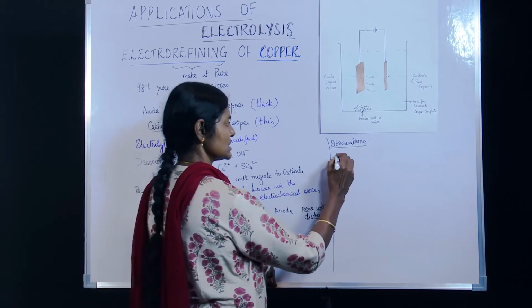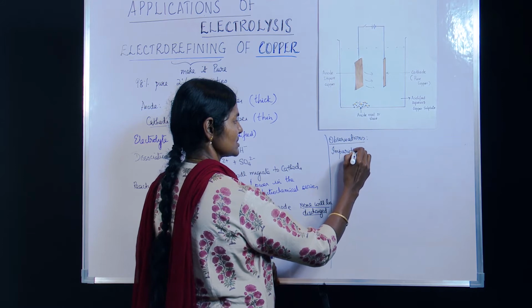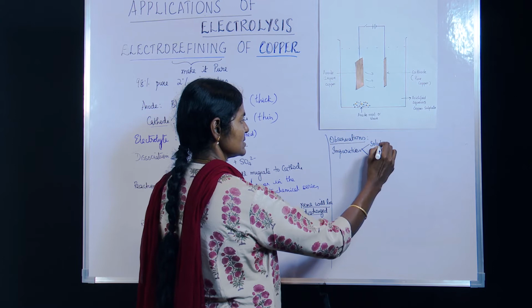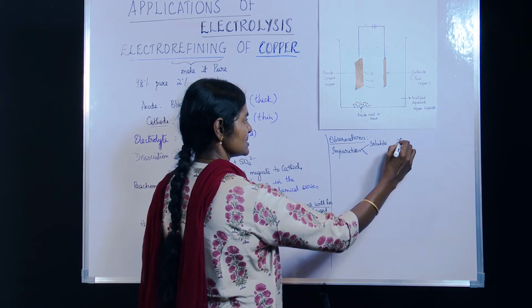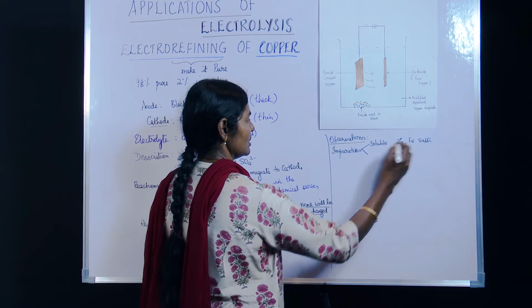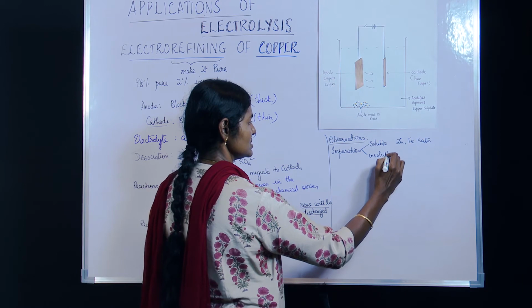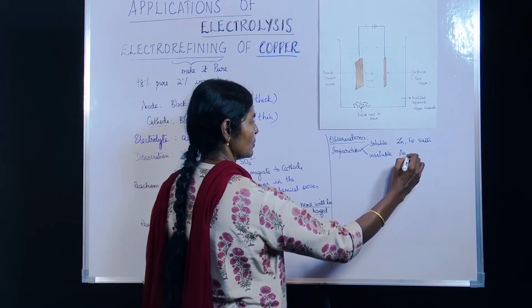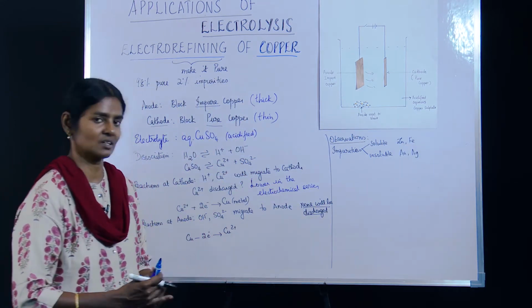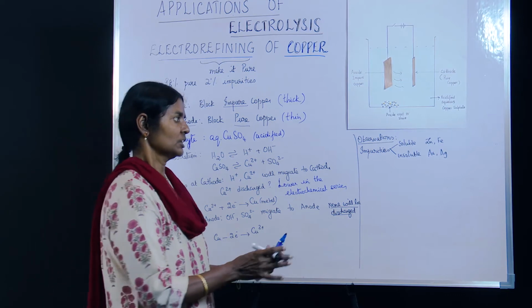These impurities can be of two types: soluble ones like zinc and iron salts, and also insoluble impurities like gold and silver.